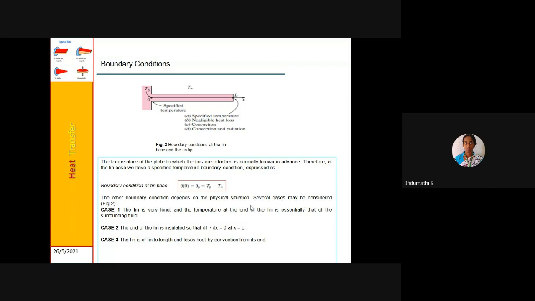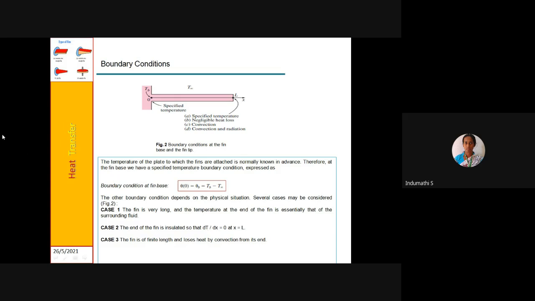Case 1 is that the fin is very long and the temperature at the end of the fin is essentially that of the surrounding fluid. Case 2 is that the end of the fin is insulated so that dT by dx is equal to 0 at x is equal to L. Case 3 is a fin of finite length that loses heat by convection from its end.